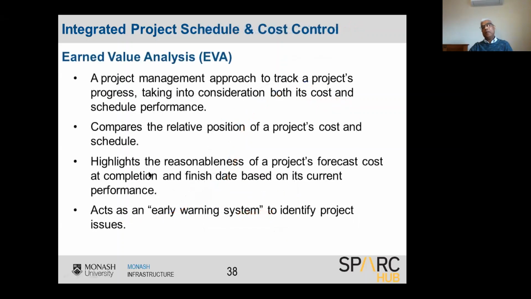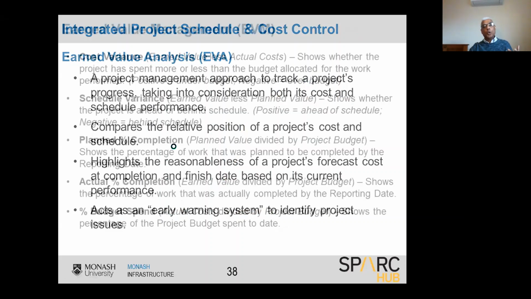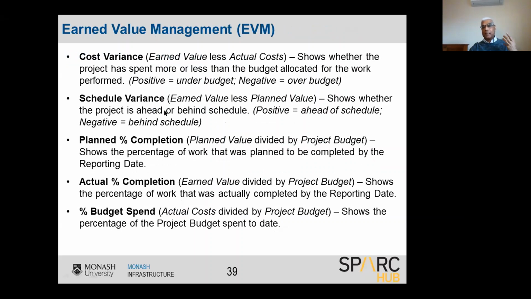And when you look at the technique, the explanations, the definitions, they are the definitions. Earned value analysis. If you go to this slide, cost variance is the earned value less actual cost. Schedule variance is the earned value less the planned value.